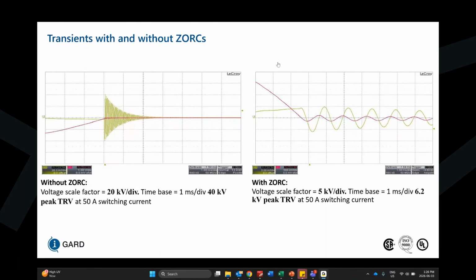So zinc oxide RC snubbers are not designed to mitigate harmonics like a filter. It's more about switching transients. It's possible it can work with VFDs, but I am not sure, to be honest.